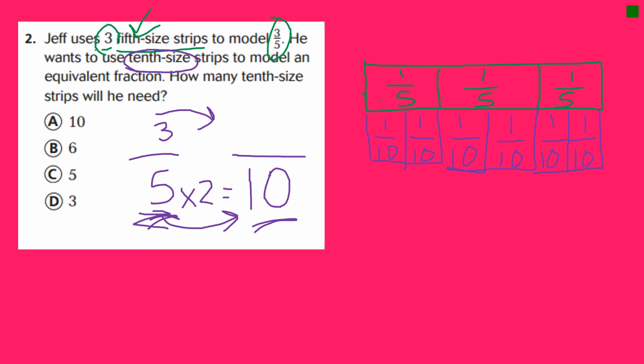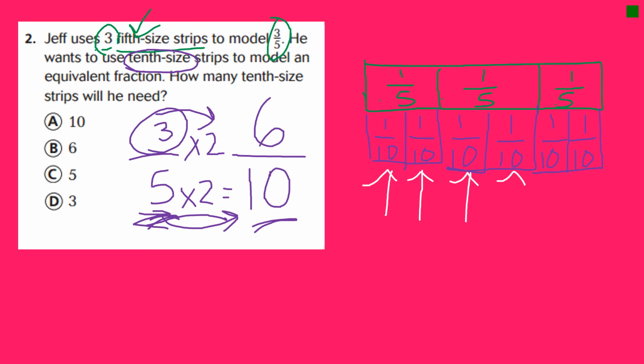Okay, so we doubled the number of pieces that make the whole thing because Jeff's using 10th size strips. So since we doubled the number down here, what are we going to do up here? Double that also. What's 3 times 2? 6. 1, 2, 3, 4, 5, 6.